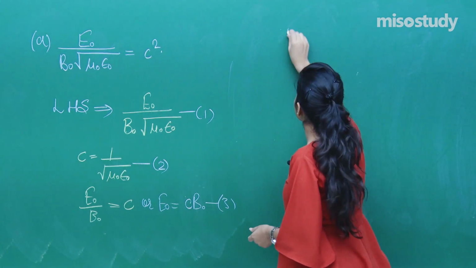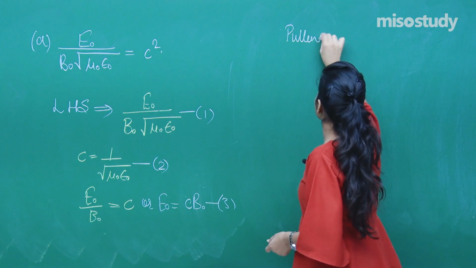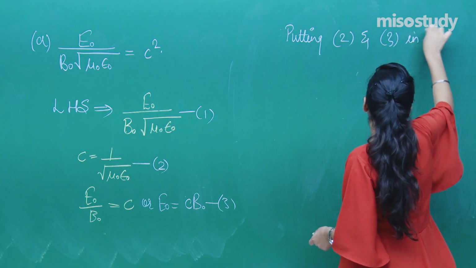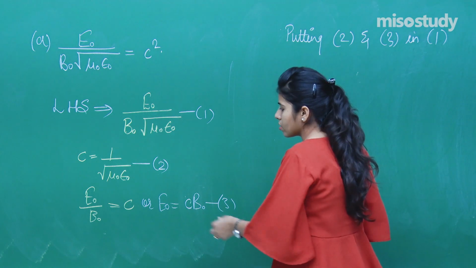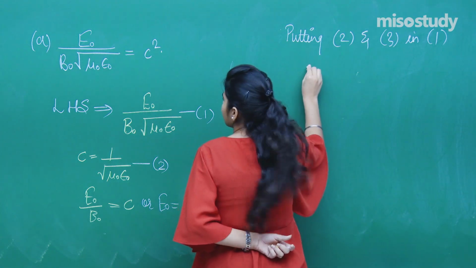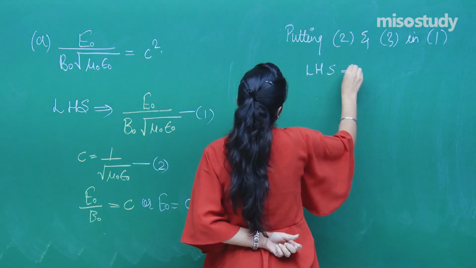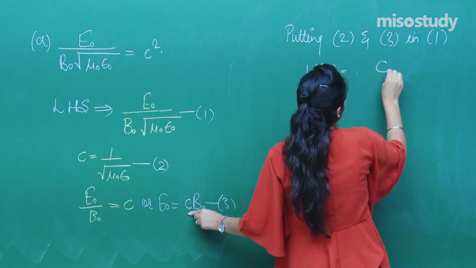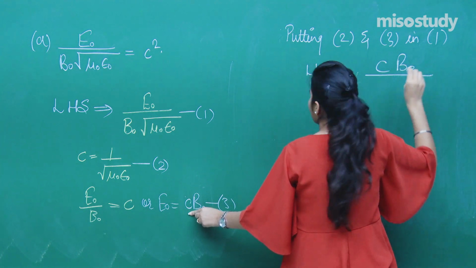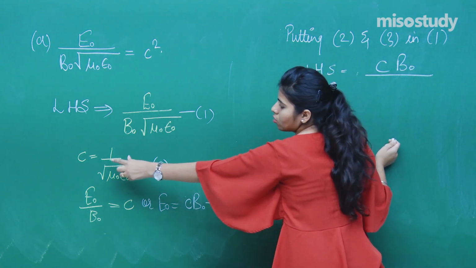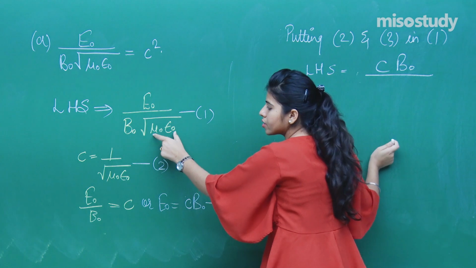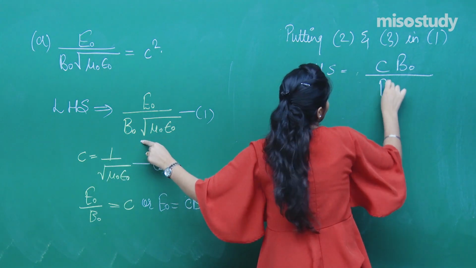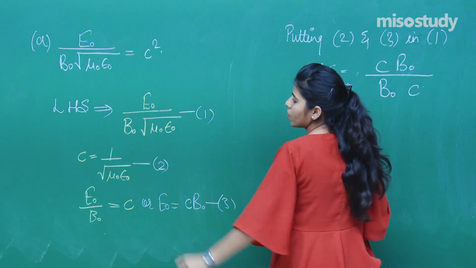Putting 2 and 3 in 1. So what are we left with? We will have left hand side equals E naught. In place of E naught, write C into B naught divided by, now see, this 1 upon under root mu naught epsilon naught is nothing but C, so we write C over here.